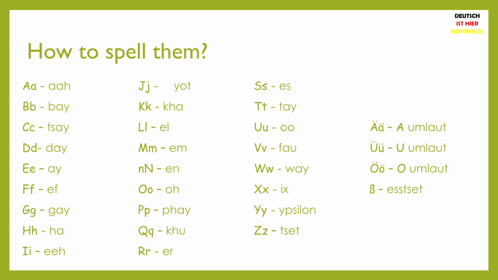As I said, spelling the German letters is very different compared to English. So what we have here is actually A, B, C, D, E, F, G, H, I, J, K, L, M, N, O, P, Q, R, S, T, U, V, W, X, Y, Z, A umlaut, U umlaut, O umlaut, and SZ.